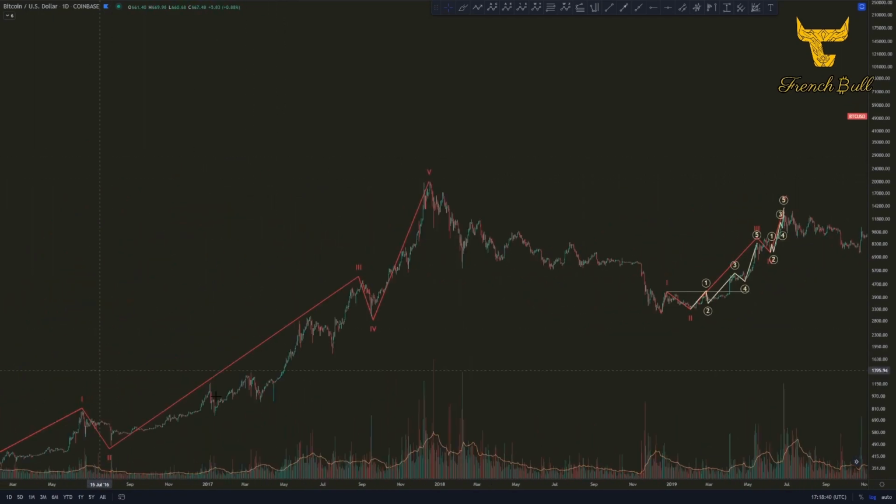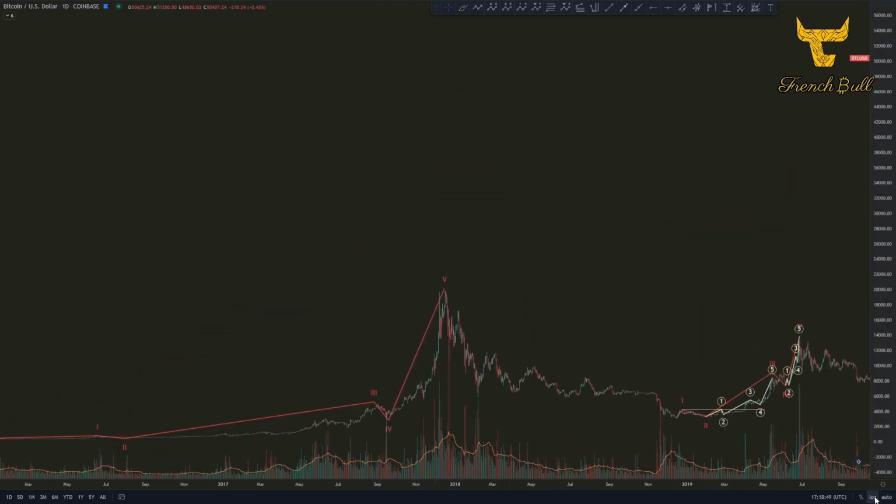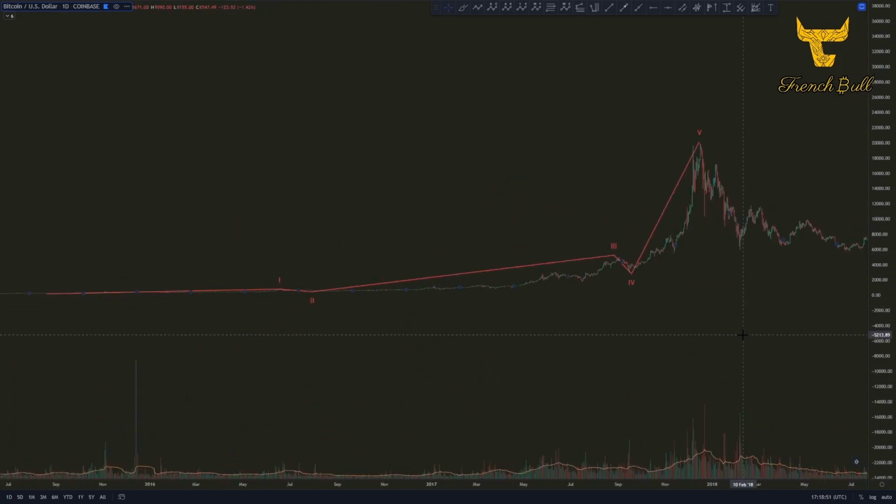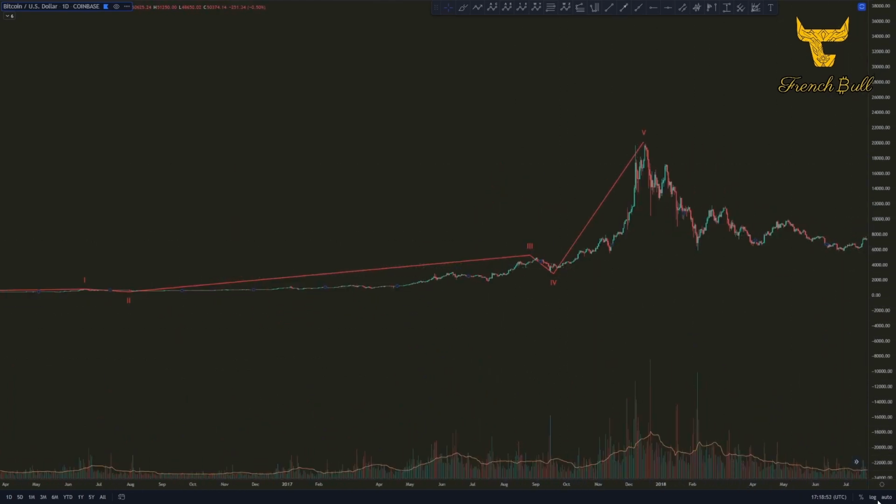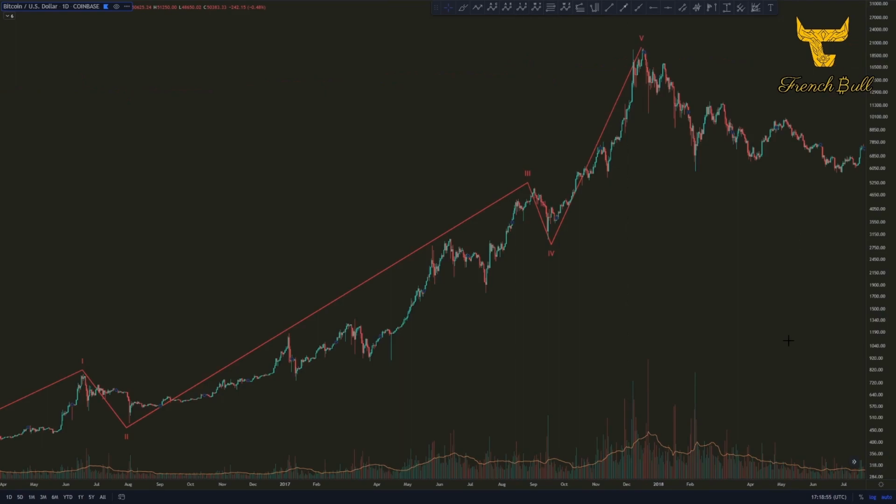But again, during that move, you see how, especially during a big macro move here, wave 5 can be the largest, even more if you don't look at logarithmic scale. The strongest, the largest, and the most volume.